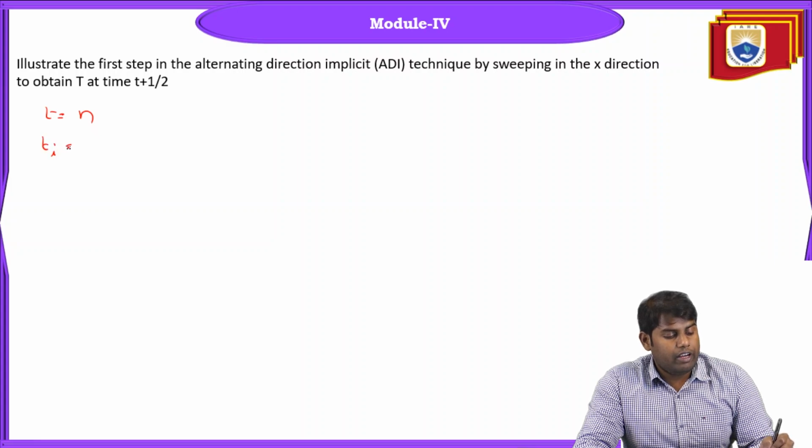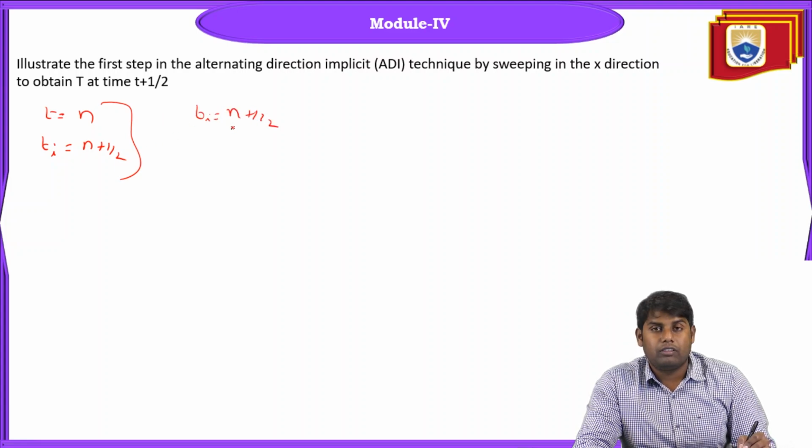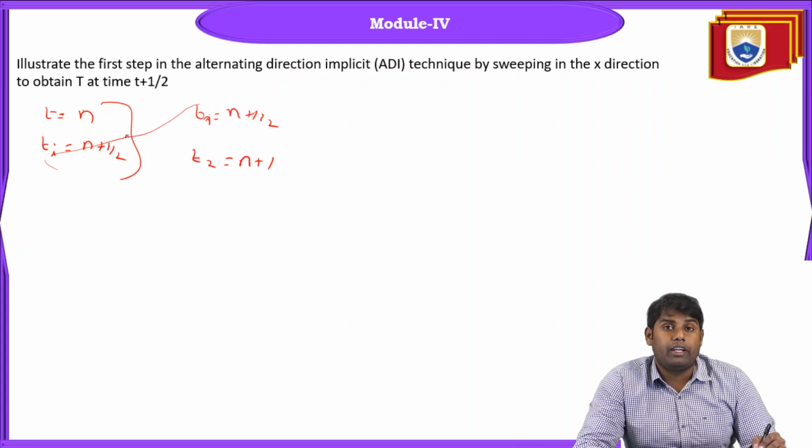The intermediate time value is n plus half. The next time step will be n plus 1. So in between n and n plus 1, we are doing this.